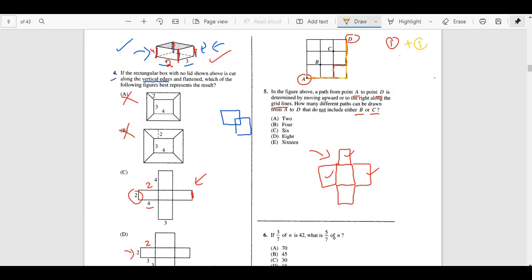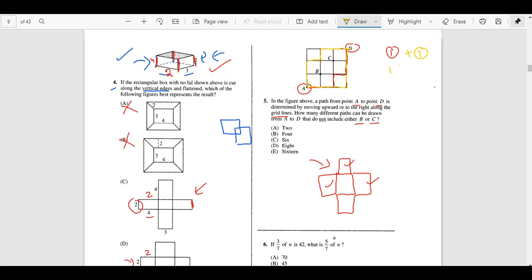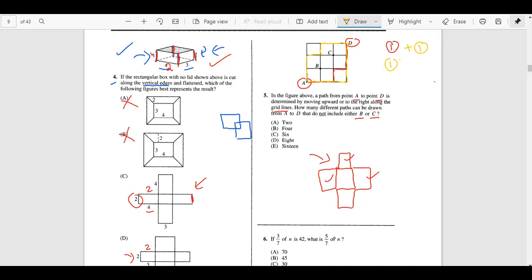Since this is a symmetrical diagram, I don't have to count it again. Since the diagram is symmetric, if I have 2 ways of going to D from A this way, I would also have 2 options this way. And then again, I can go from here to here. So we have 4 options.